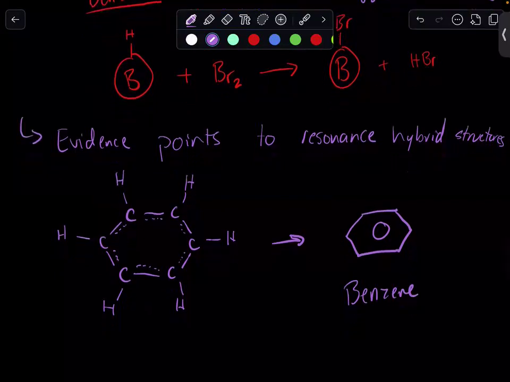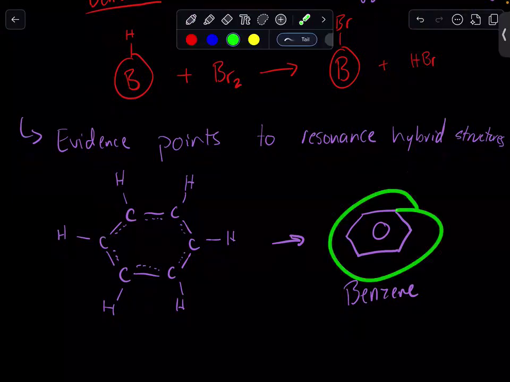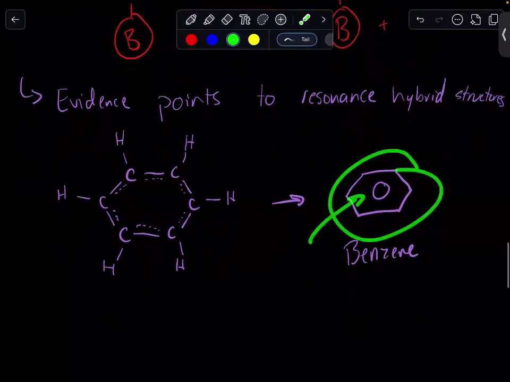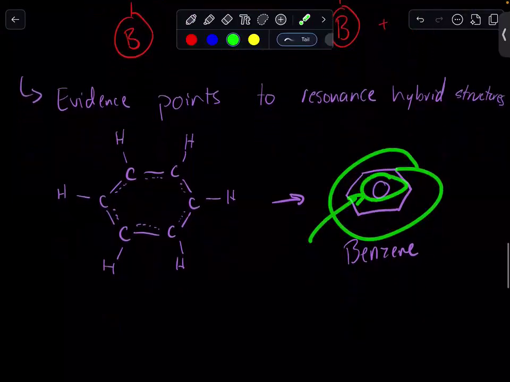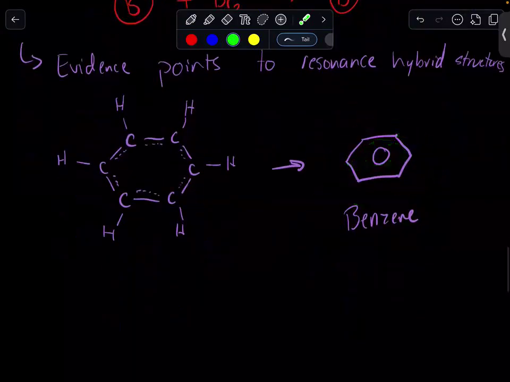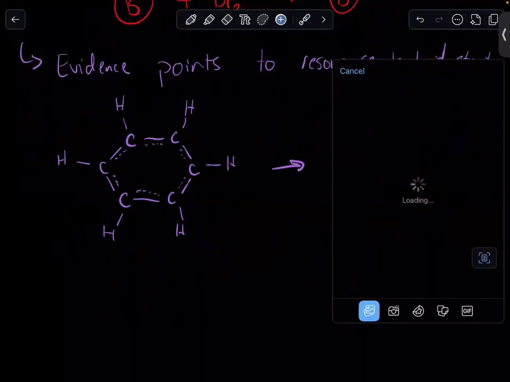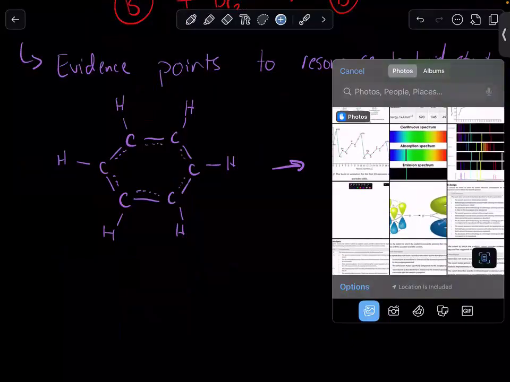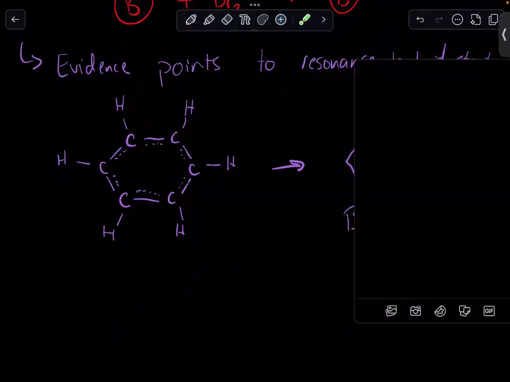Now, before I end this lesson, I want to describe why we actually represent benzene like this with a circle other than just the fact that we're lazy. This circle actually represents the delocalized electrons in benzene. So what we can do is we can look at what actually happens.